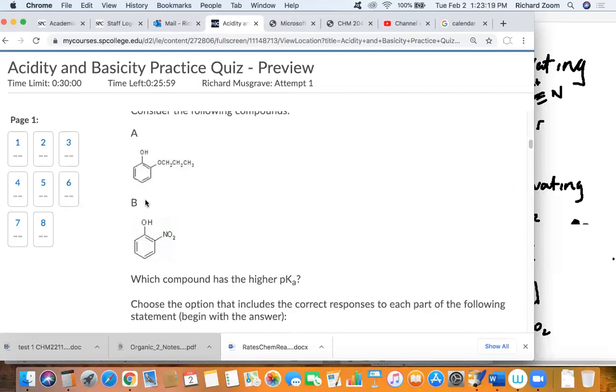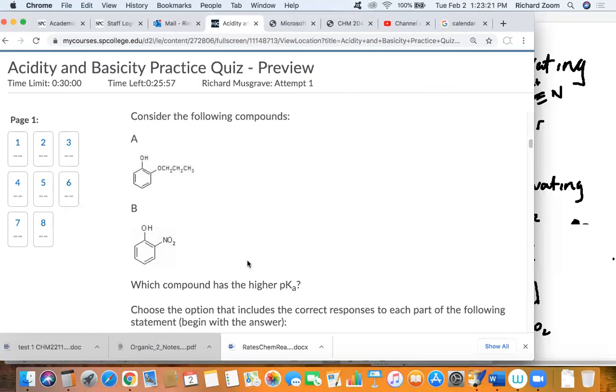Consider which one has the higher pKa. So which one is less acidic? The one that's less acidic will be the one that has the activating group on it, because that's going to destabilize the negative charge.